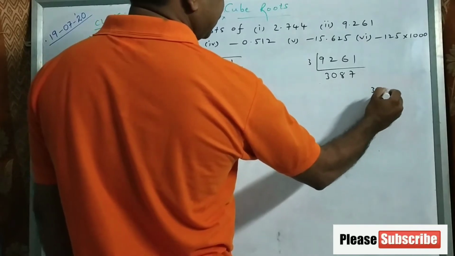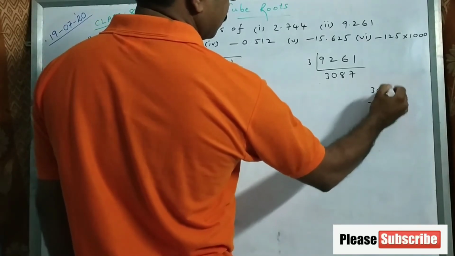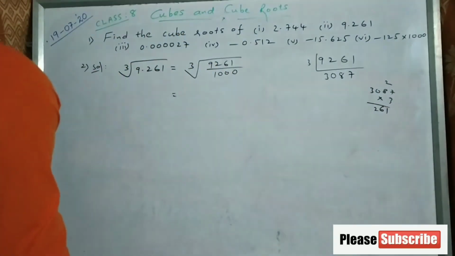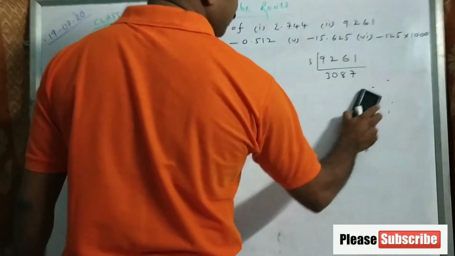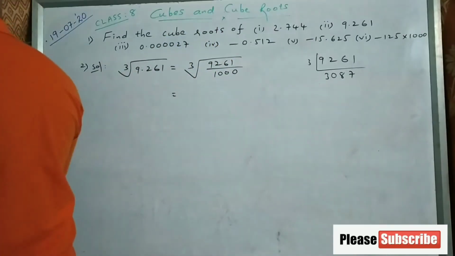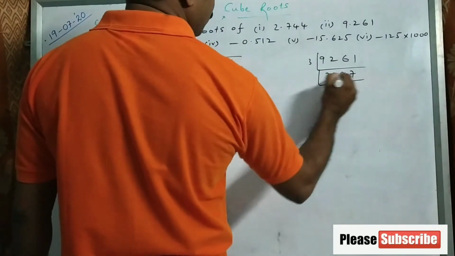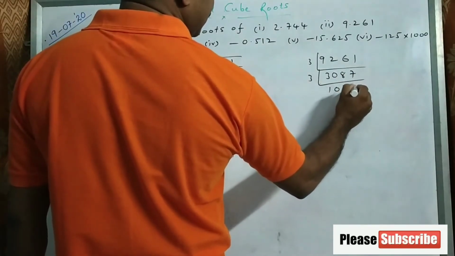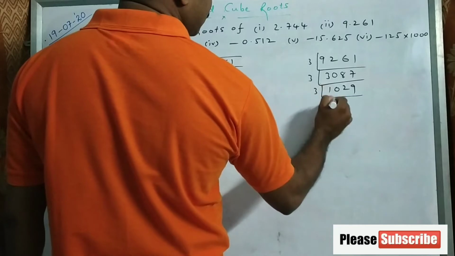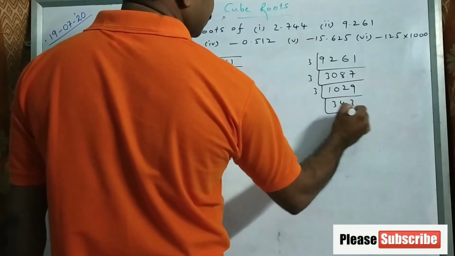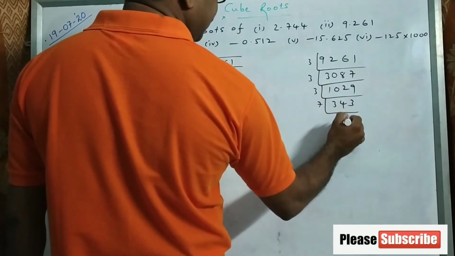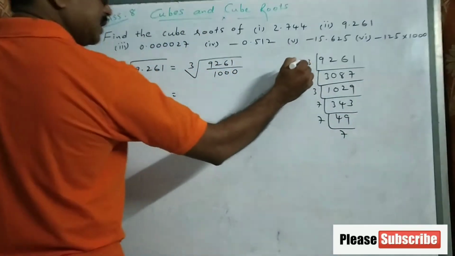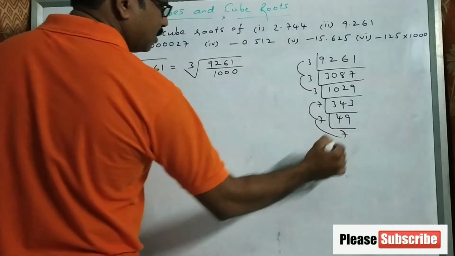Once multiply this. Yes, right. So we have to keep 0 there. Now 3 ones are 3, 3 twos are 6, 3 threes are 9, 7 fours are 28, 7 nines are 63, 7 sevens are 49. So this is one triplet, this is also a triplet.